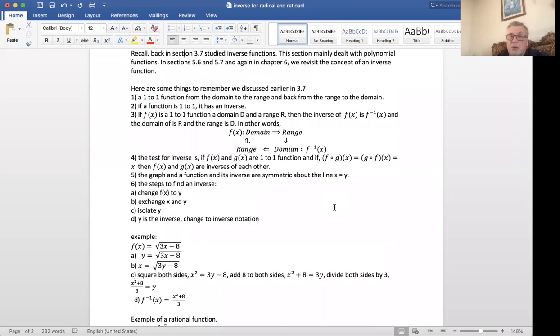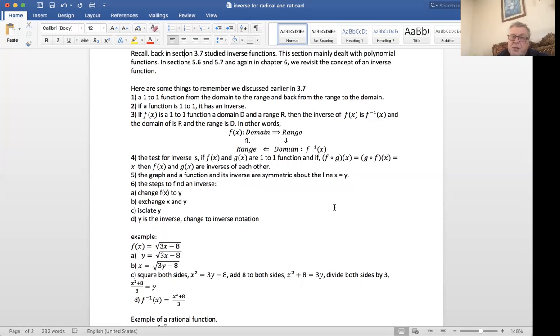First off, a one-to-one function goes from domain to range and back from range to domain. That makes something one-to-one. If a function is one-to-one, it has an inverse. You might have to limit the domain of the original function, but it has an inverse.